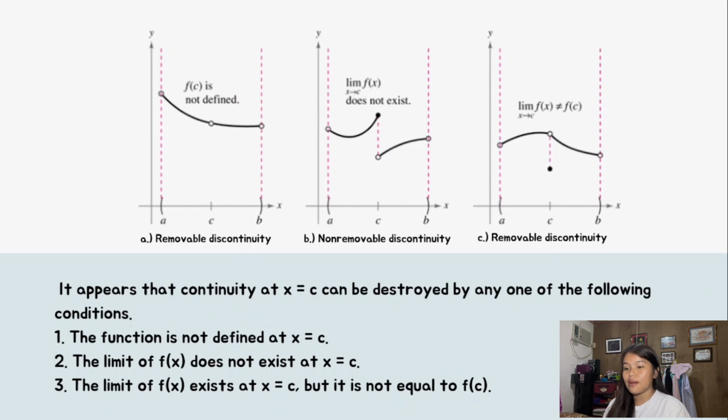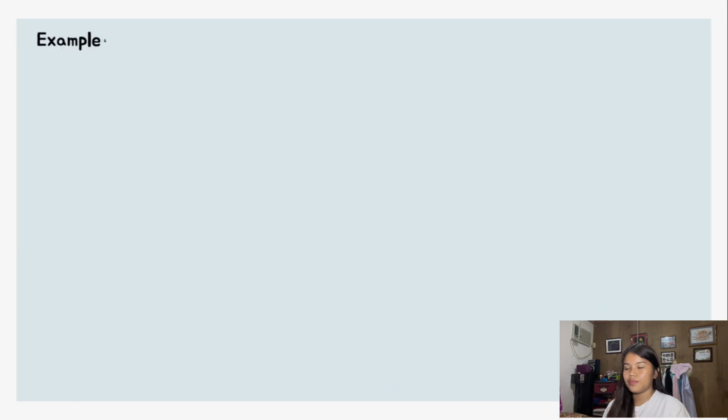So let's have an example for you to understand more about this. Example number 1. f of x is equal to 1 plus x if x is less than or equal to 1, and x if x is greater than 1. Remember the three conditions? First is that f of c is defined. Let us find f of c.